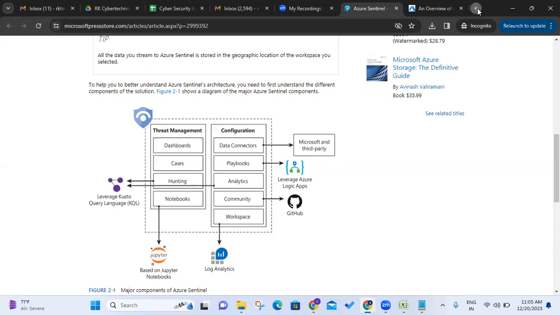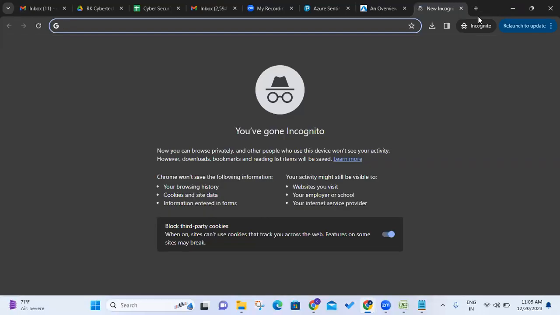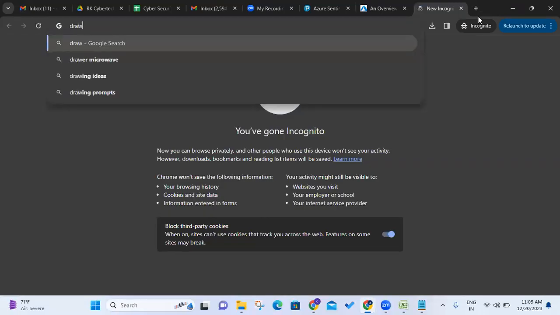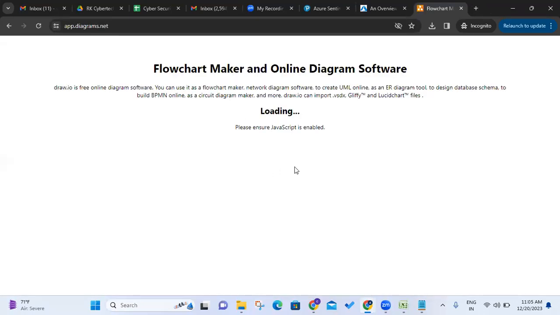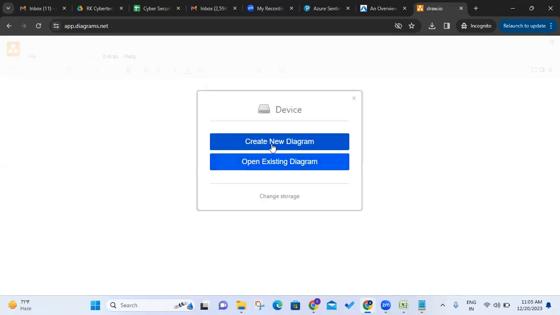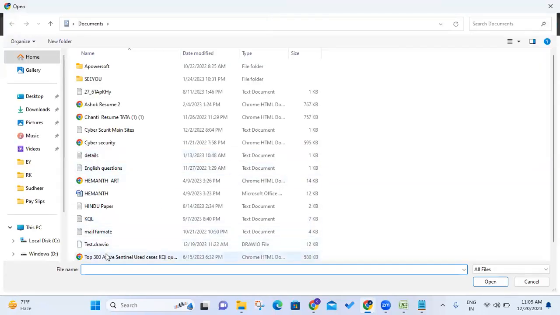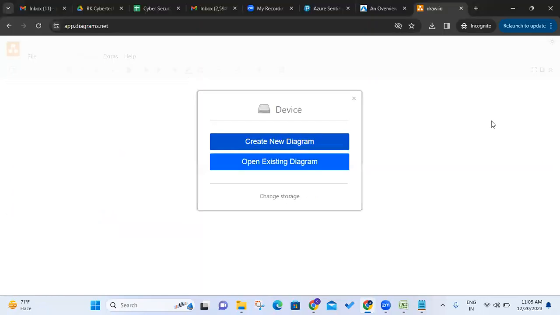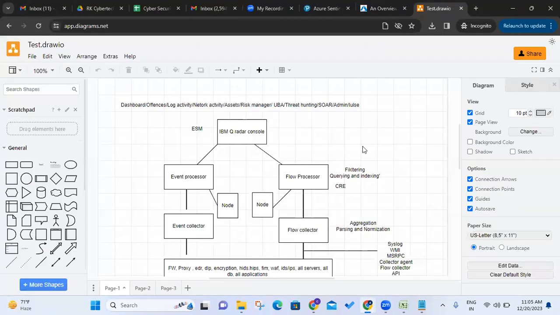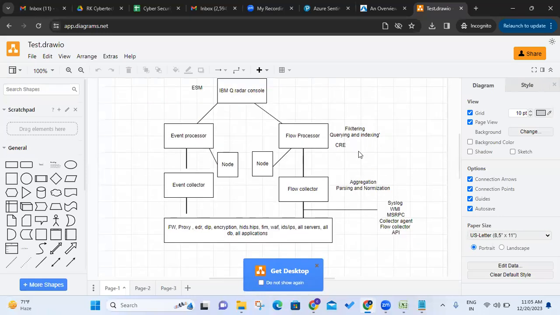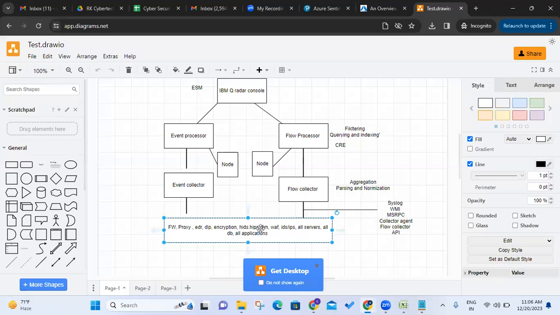Maybe I can open that diagram also. Give me 1 second, draw.io. Yeah. Can you see my screen? Yes, sir. Yeah. So same thing here, all these log sources.